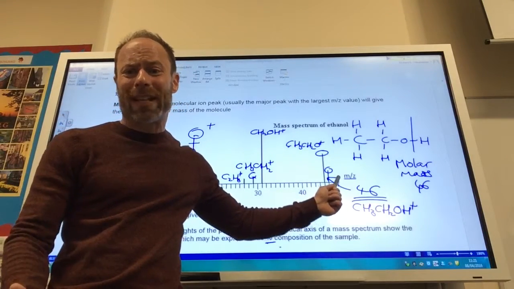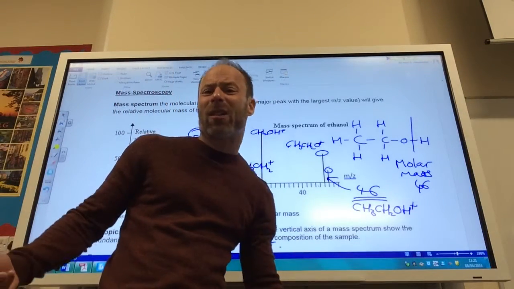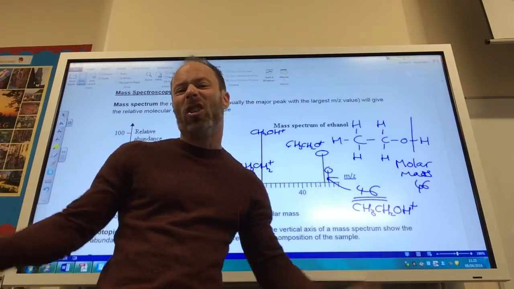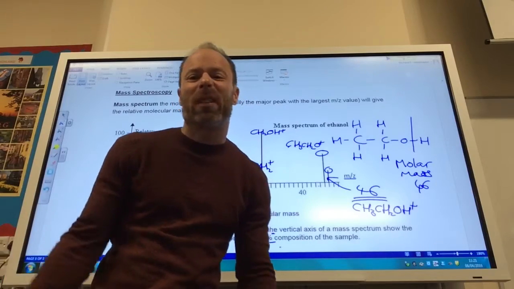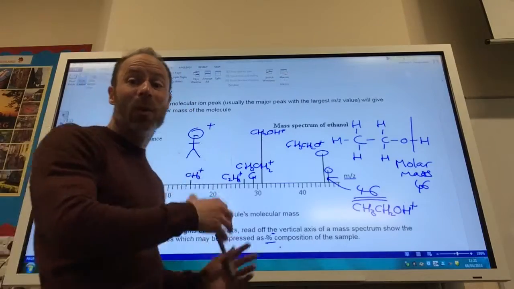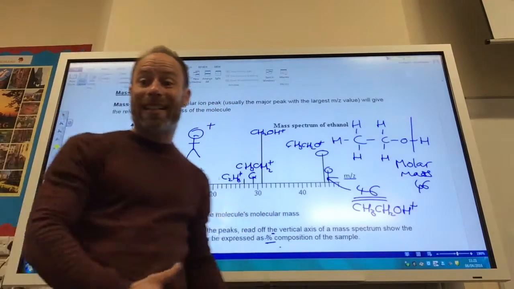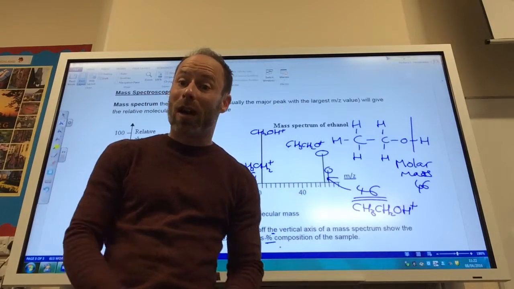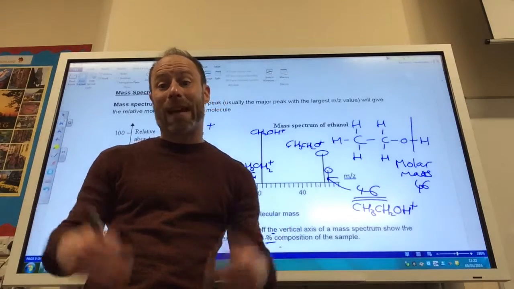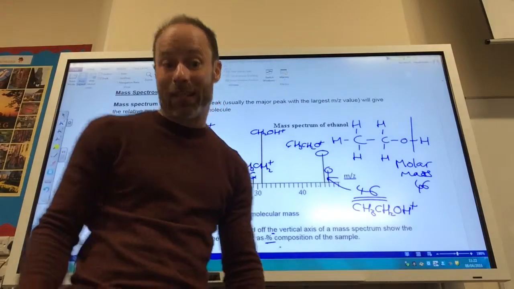The other ones, normally you're losing methyl groups or an OH group, things like that. Hopefully you can see how infrared spectroscopy combined with this can tell us a lot about what our organic molecule is made up of, the functional groups, and how they fit together.